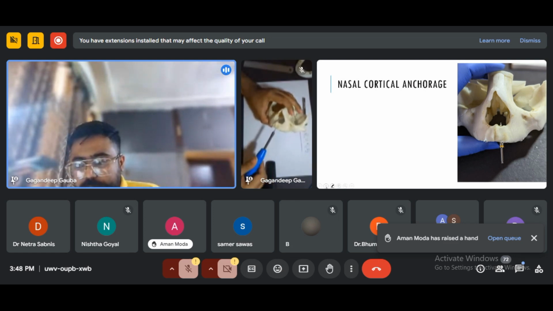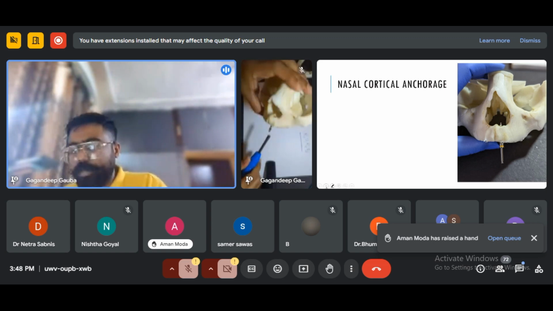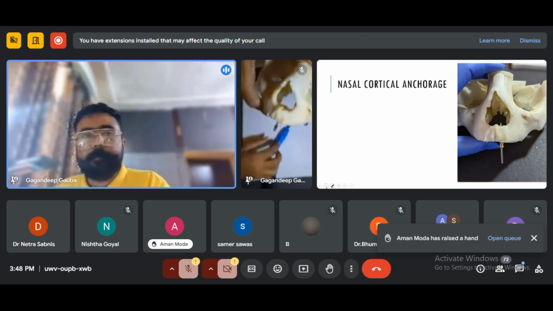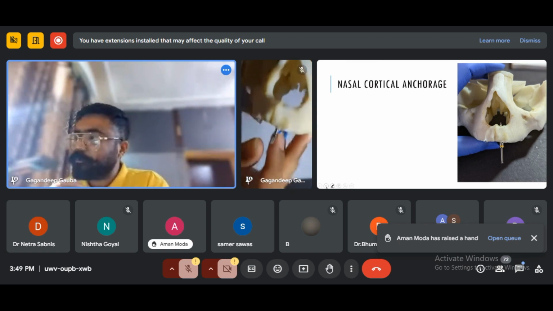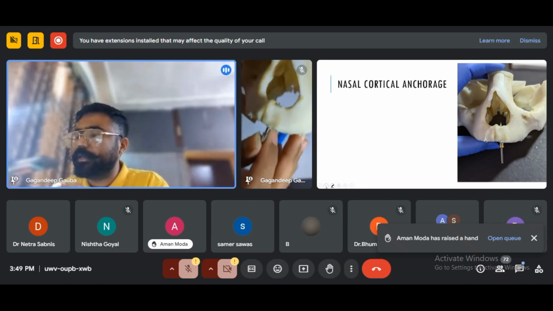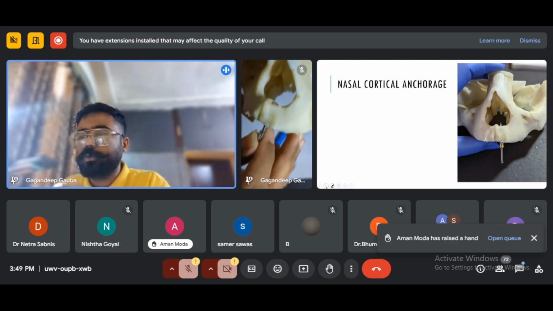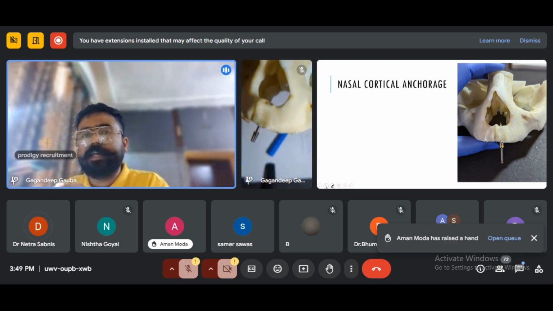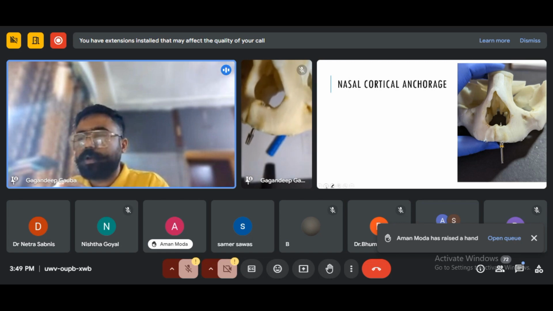When my threads reach the nasal cortical, they engage and I get a very good torque here. You can see the tip of the implant is visible in the nasal cortical floor. Everyone can appreciate that. So in this way, I have engaged the nasal cortical floor.